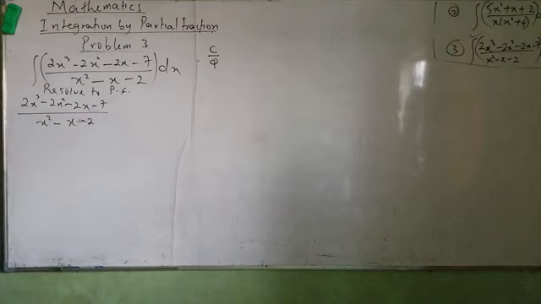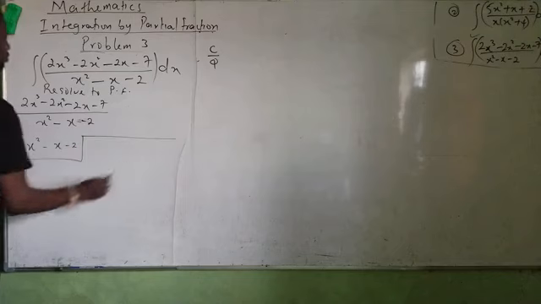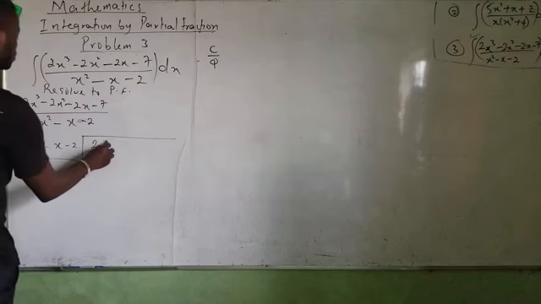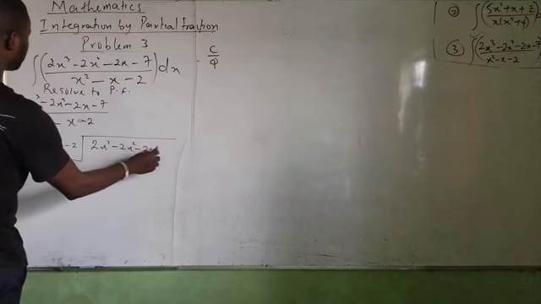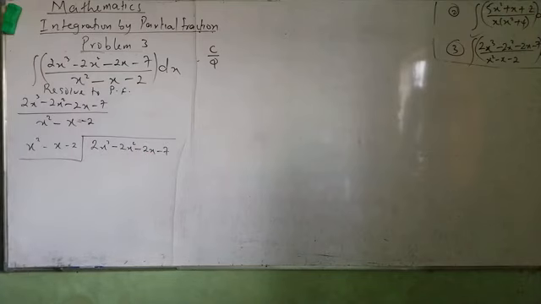What I just need to do now is write x² − x − 2 as the divisor and 2x³ − 2x² − 2x − 7 as the dividend. I'm just trying to divide it. I can also use synthetic division if I want to, which is not necessary.